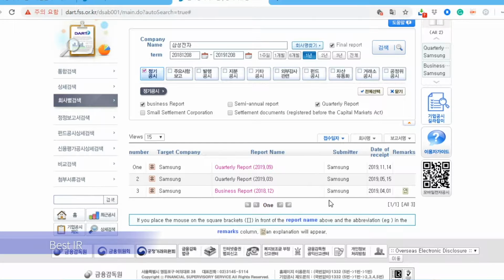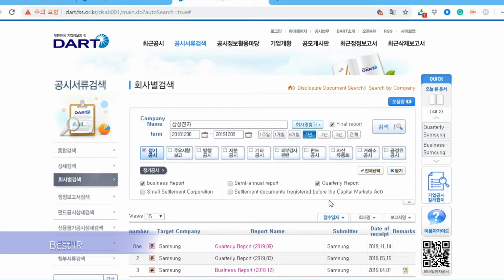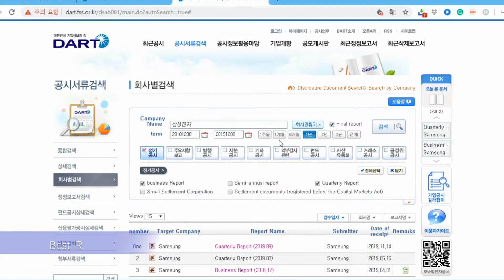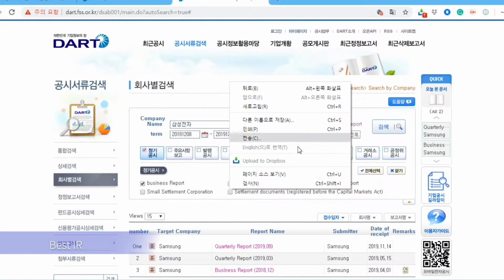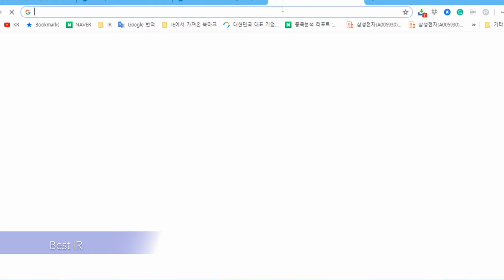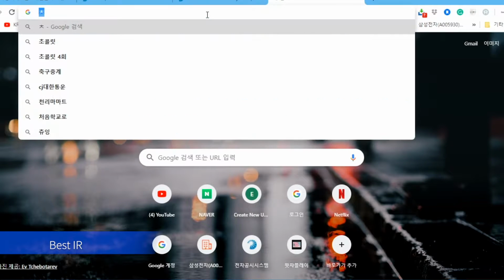That's the most practical, most popular way of searching for information by Korean stock investors in Korea. It's gonna be not so easy, but you could always utilize Google Translation and find everything about how to use Dart.